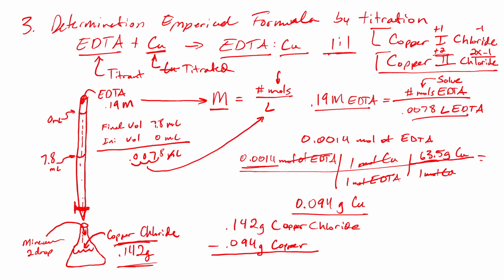So 0.142 minus 0.094, and I get 0.048 grams of chloride, right?